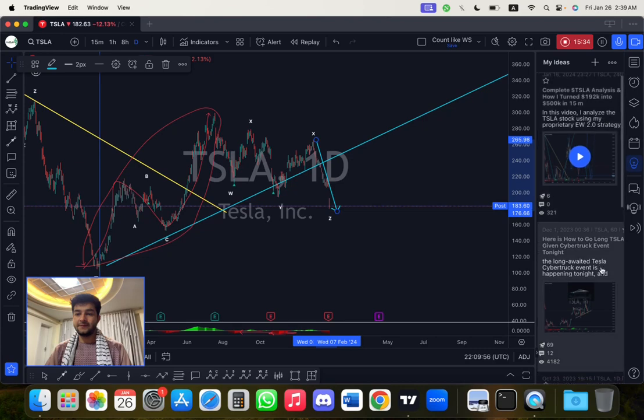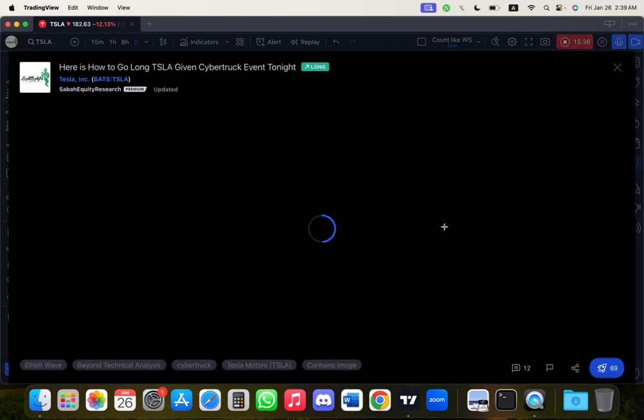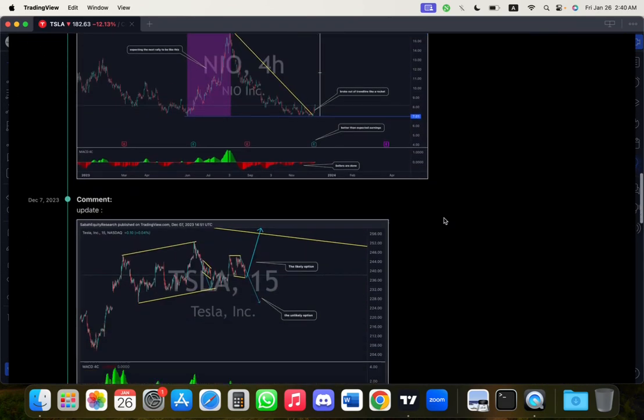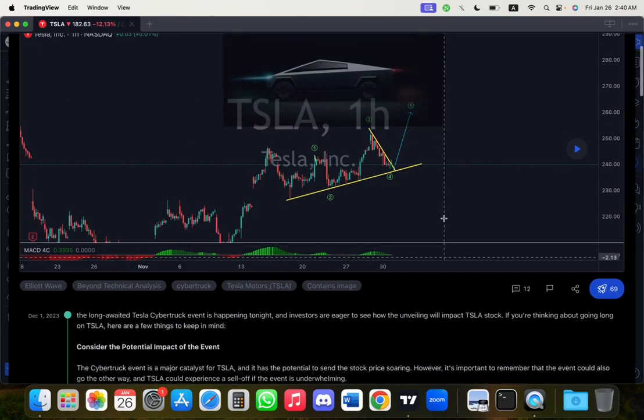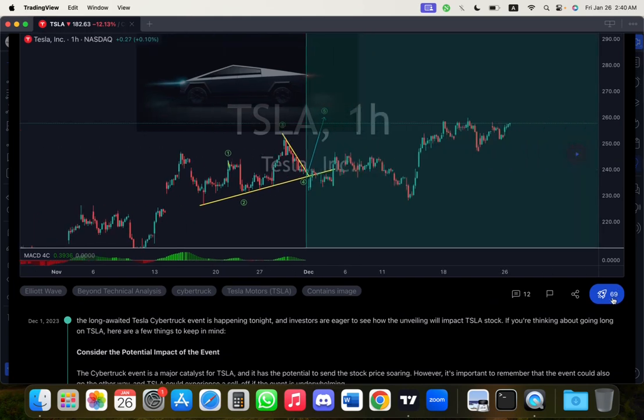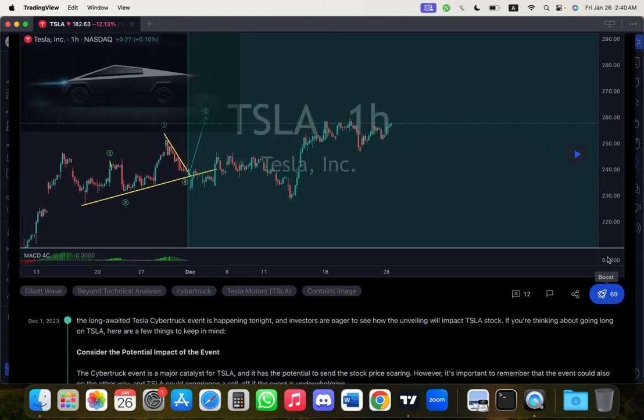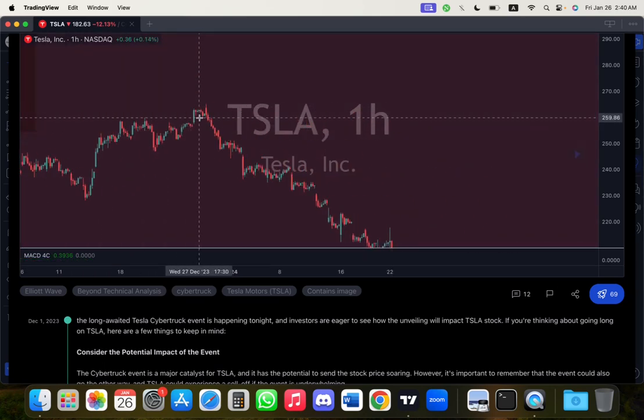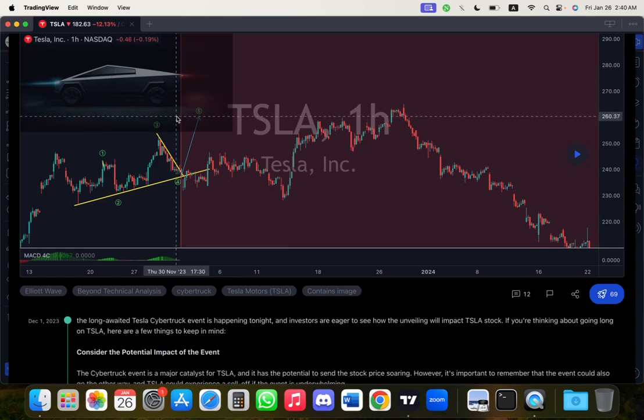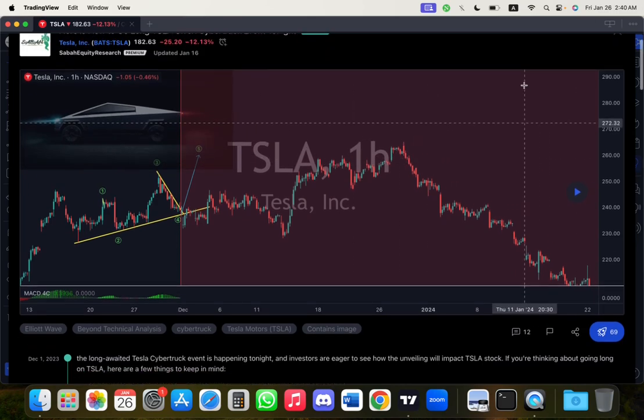I believe before, we got this up move, it was a very short term move to the upside, and we have 69 likes, 69, and the target was here. Let's see if we reach the target. Yes, and we did hit the target.